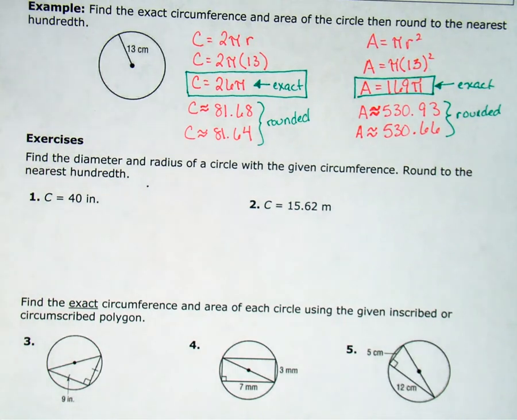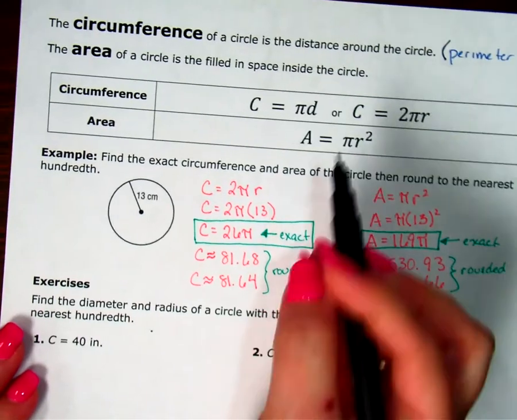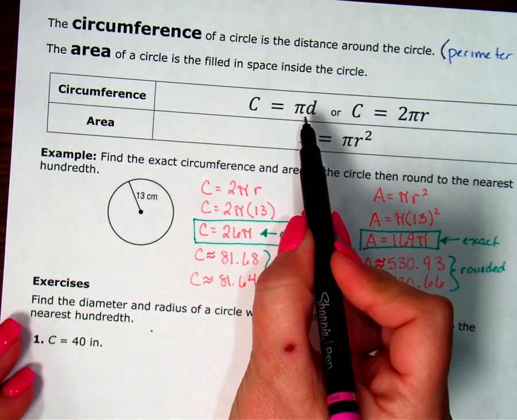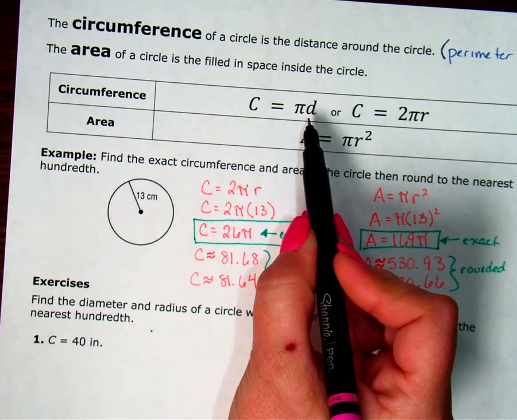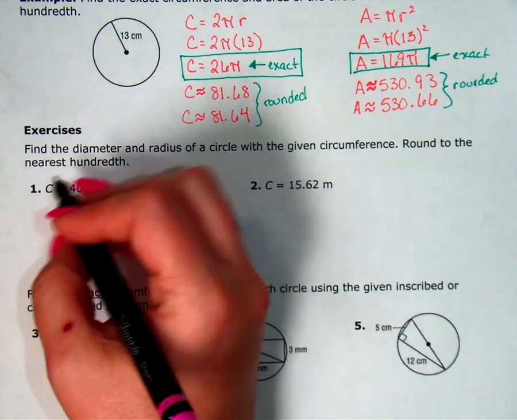So when I look at this one, circumference equals 40. And I'm going to need to find the diameter and I'm going to need to find the radius. So I'm going to just go with this first formula, diameter, because I know once I find the diameter, then I can just go back and divide that answer in half to get my radius. Okay?